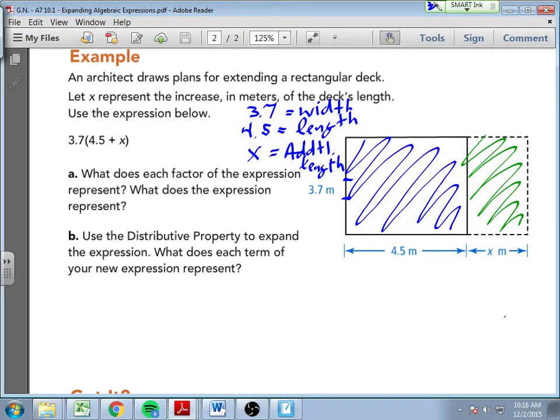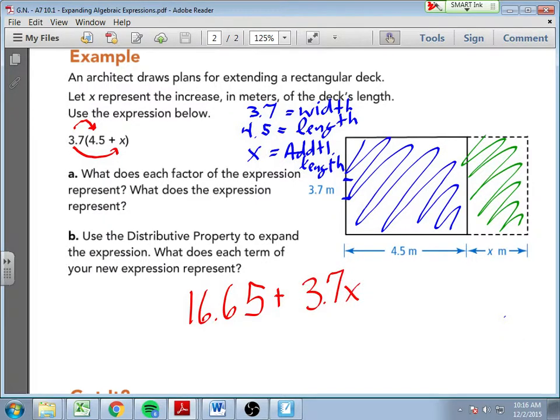Then, if we use the distributive property, we would distribute 3.7 to 4.5 and 3.7 to x. But what do those things really represent? So if we do 3.7 times 4.5, it's 16.65. And then what's the other multiplication give you? 3.7x.